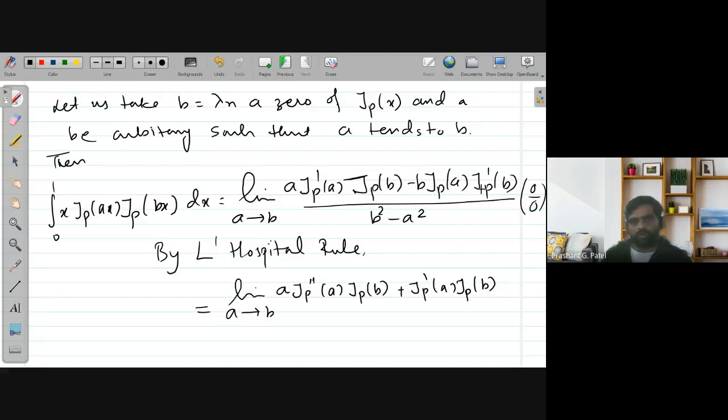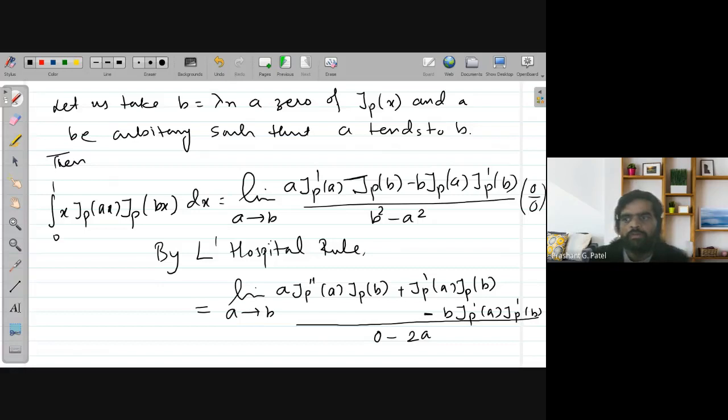The b is constant, Jp'(b) is also constant, so only this term will be there. So it is minus b Jp'(a) Jp'(b) upon, the b is constant, so it is 0 minus 2a. Now we'll just apply this limit a to b.